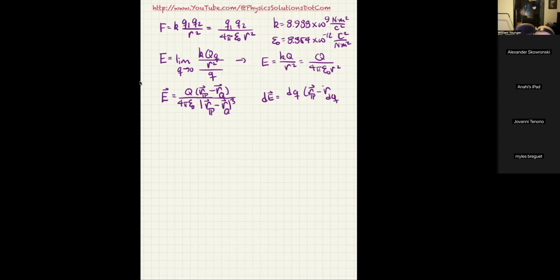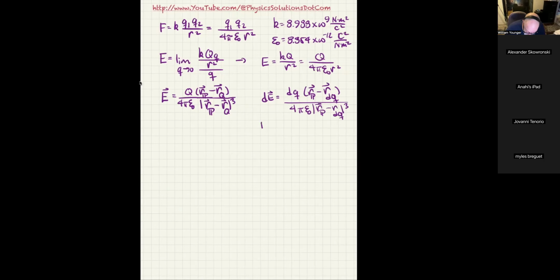Notice how I just changed from rq to r sub dq. And then all that will be divided by 4 pi epsilon naught times the magnitude of rp minus r dq, cubed. And that is the formula that I used last time, where it was able to derive various results from that.